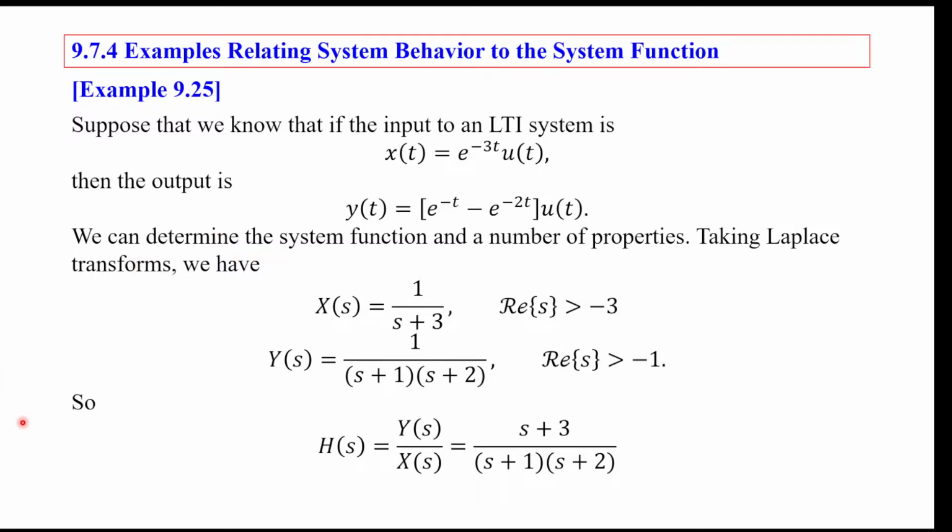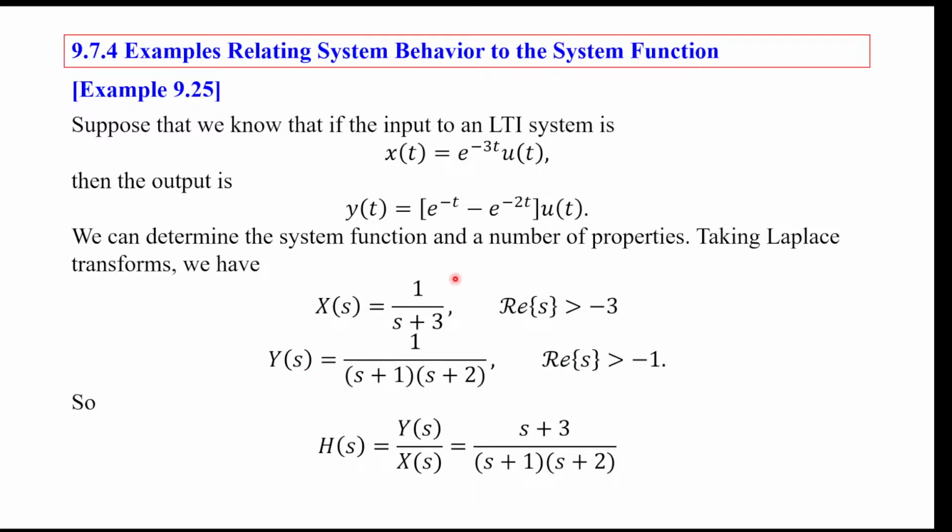Once again, this is an LTI system, so we can analyze it by doing the Laplace transform and seeing what its system function looks like. The Laplace transform of x of t is big X, which is familiar: e to the minus a t u of t with a equal to 3 is just 1 over s plus 3, and since it is right-sided, the ROC is Re(s) greater than minus 3.